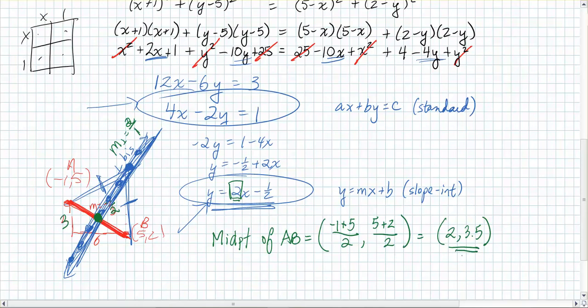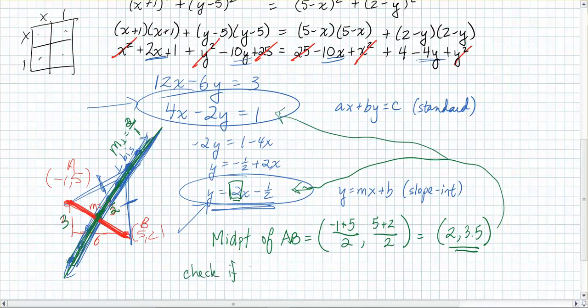And that doesn't do a whole lot for you unless you check if it's actually on the perpendicular bisector, which you can do by testing to see if it works in the equation of the perpendicular bisector. So you can plug this into either that one or this one and see if it's true. So check if M satisfies the equation of the bisector.